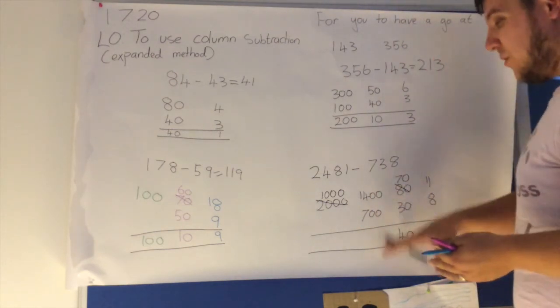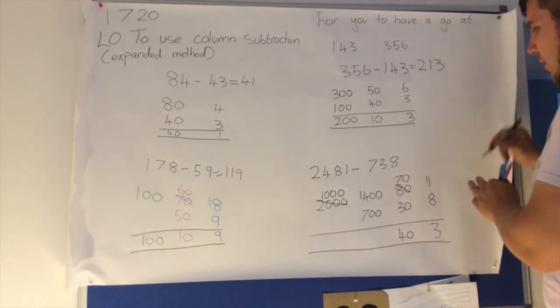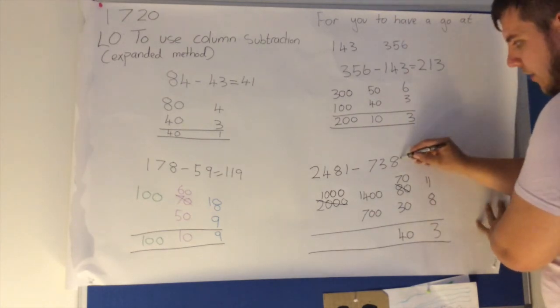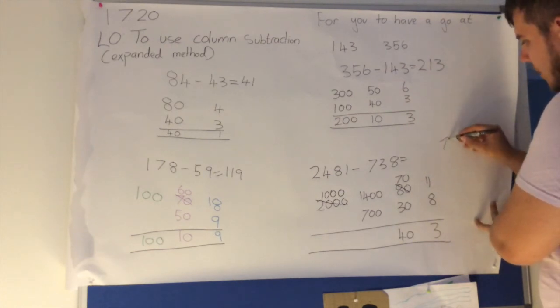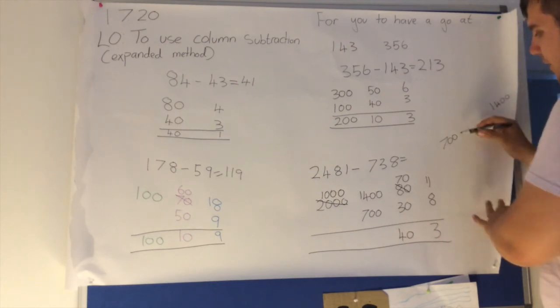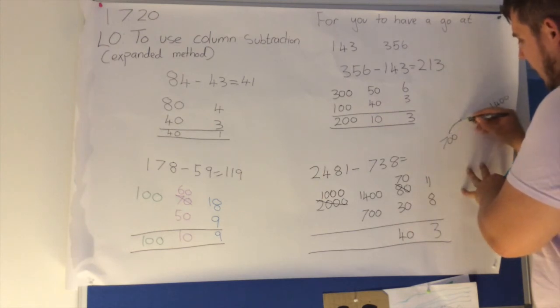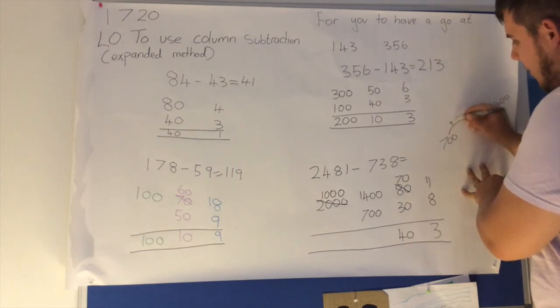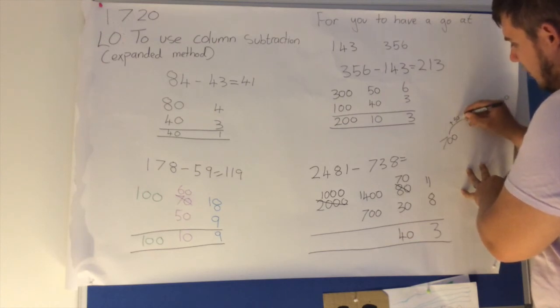Now, when you get into numbers like this, you might want to do a jotting on the side. If you can't do it mentally, a jotting can always help. So let's have a little go here. So we might have, say, well, I've got 700, and I need to get to 1,400. And I might think, well, like we looked at yesterday, to get to that 1,000, I'm adding 300.